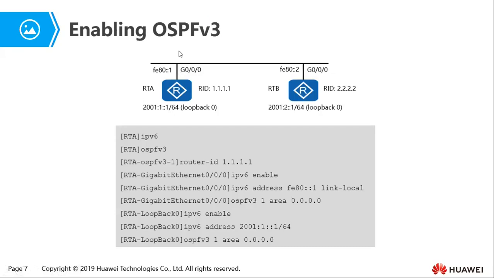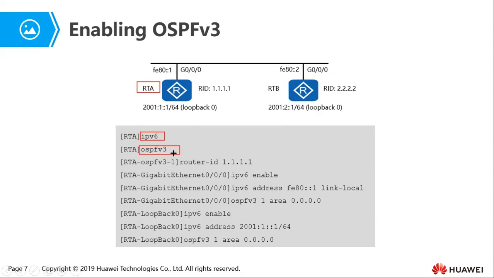So let's see, how do we enable OSPF version 3? Here we are in RTA. We need to start by enabling IPv6 under system view, and then we type ospfv3 and the process ID.